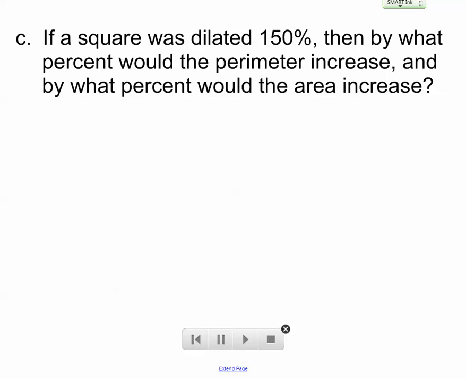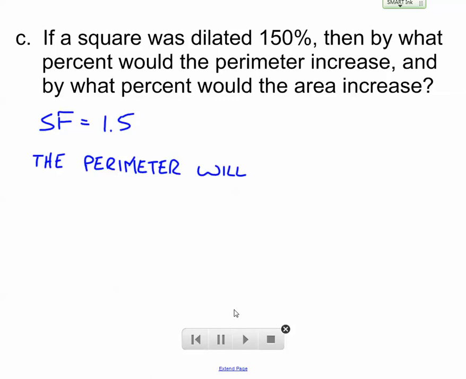If a square was dilated 150%, then by what percent would the perimeter increase, and by what percent would the area increase? Okay, if it was dilated 150%, that means the scale factor is 1.5. So the perimeter, it's just a measure of length. That's one dimension.